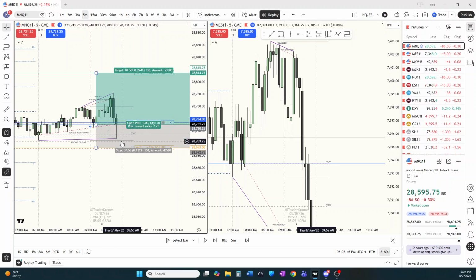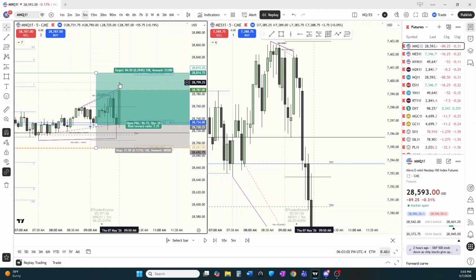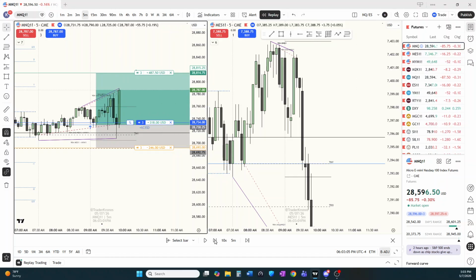Now if it had closed below here, that'd be a different story, right? Because now I know, now likely that if this drops below the 90-minute low over here, then likely this fails. But it's held that. Next candle continues to push higher, right?